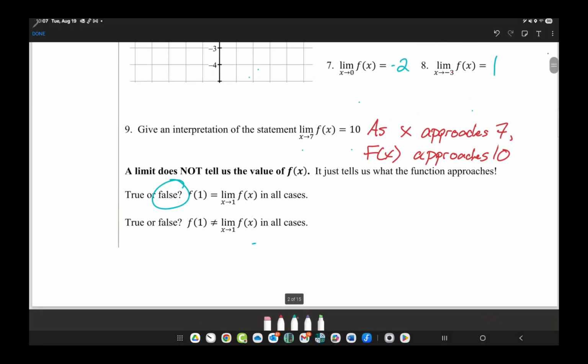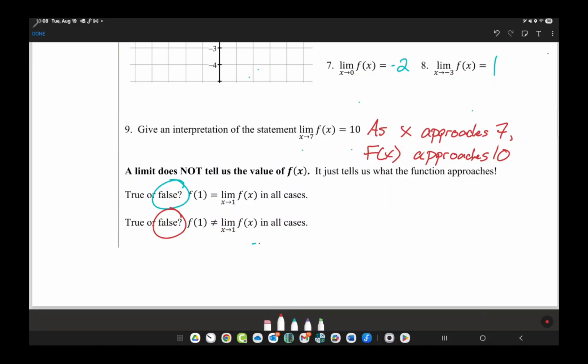Now, does it mean that for every function the limit doesn't equal the function value? That's also false, because there are cases where they match and cases where they don't. It just depends. Now, in most cases, with most functions that we deal with, will the limit and function always equal each other?